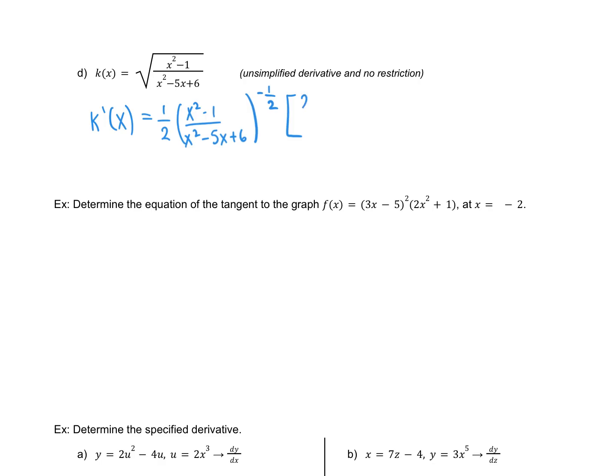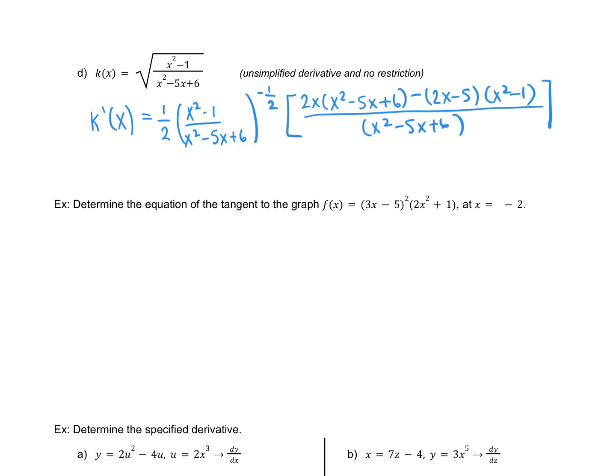So the derivative of the top, copy paste the bottom, minus derivative of the bottom, copy paste the top, all over the bottom squared. And there we have it.